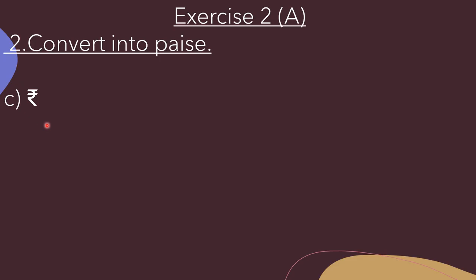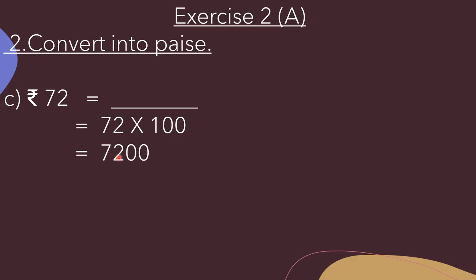Now in C part, rupees 72 is equal to dash. So again we need to multiply 72 by 100, and the answer is 7200. Okay, and we can speak it like 7200. So here we will write 7200 paise.